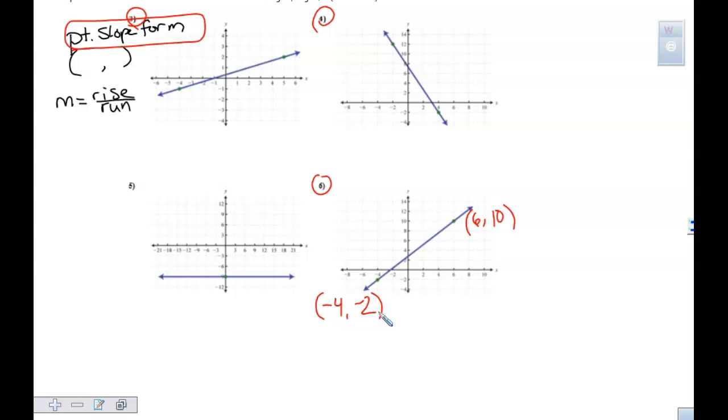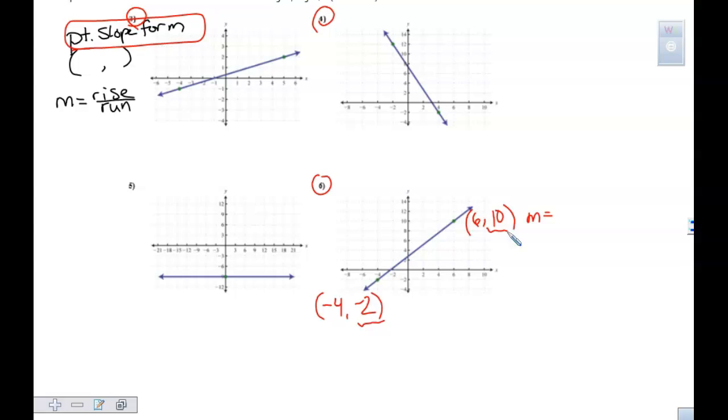So when I think of my change in y's, Grace, how far am I going from -2 to get up to 10? What is my slope? From -2 to 10, how far did I go up? 6. Careful. -2 to 10. Watch the numbers, not the scale. It's super easy to think of going up, but what is our scale? Our scale is going by 2s.